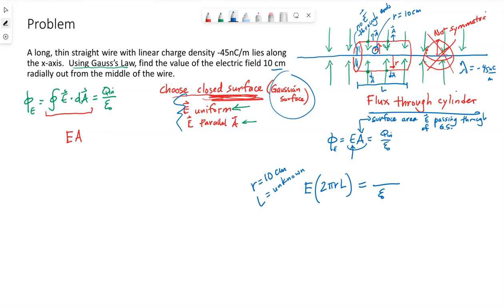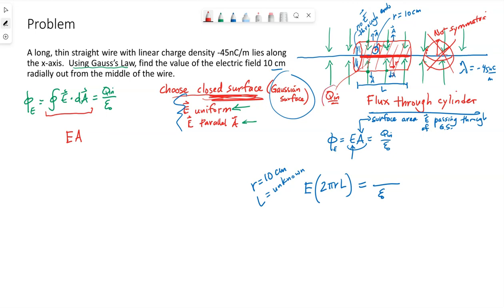So coming back to my cylinder up here, this cylinder contains a portion of the wire. So just drawing really dark, hopefully, I need to know how much charge is on the portion of the wire that is within the cylinder I've drawn.